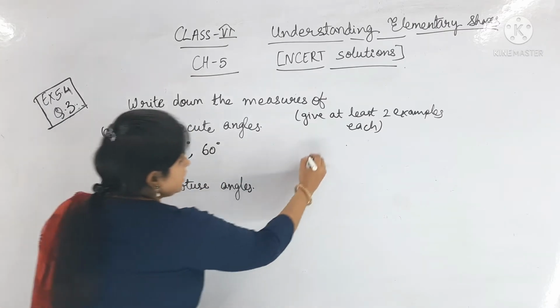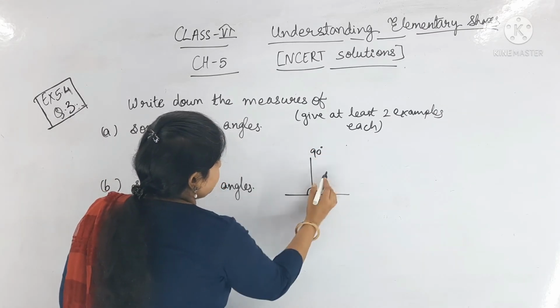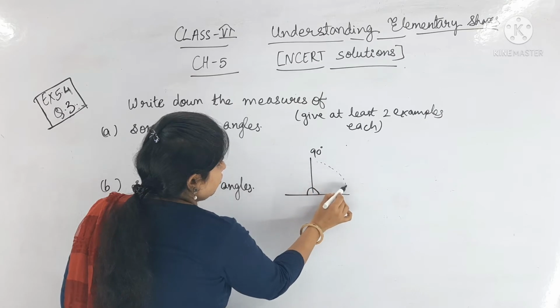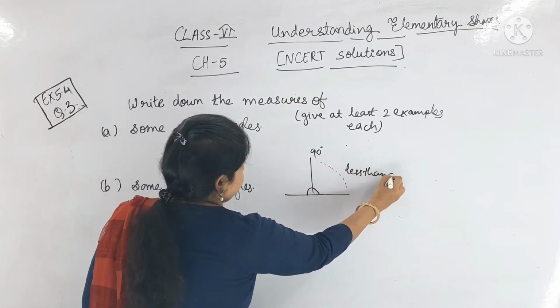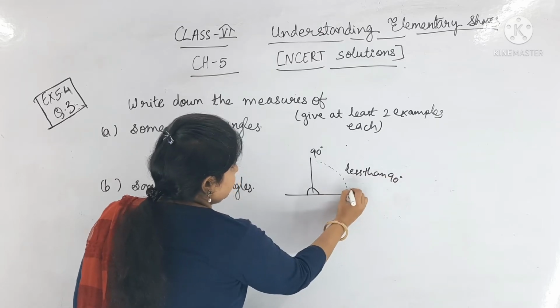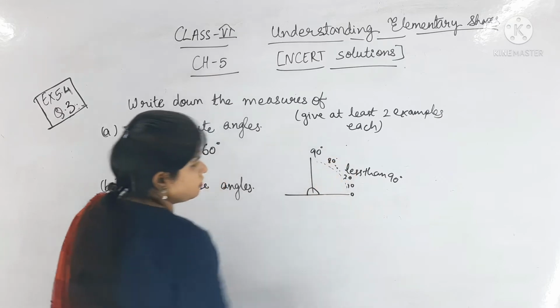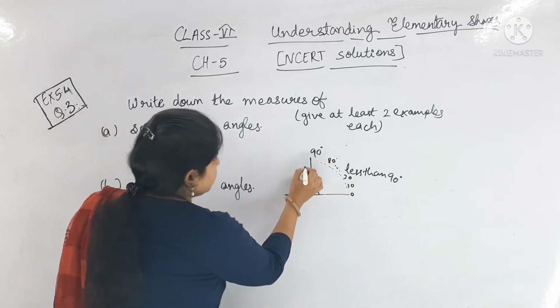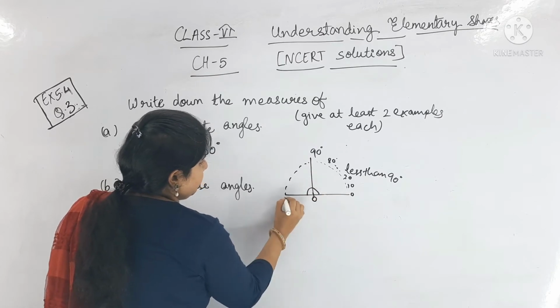Like this we have the protractor here. This is 90 degree. So this angle is less than 90 degree. Here 0, 10, 20 like this. And here it is greater than 90 degree. This is the protractor.